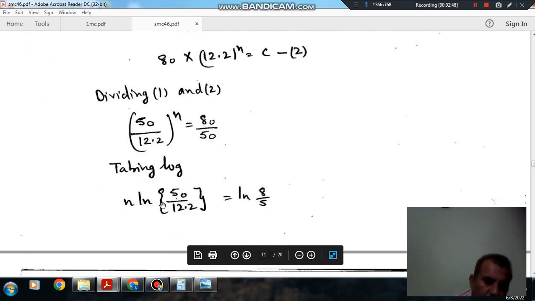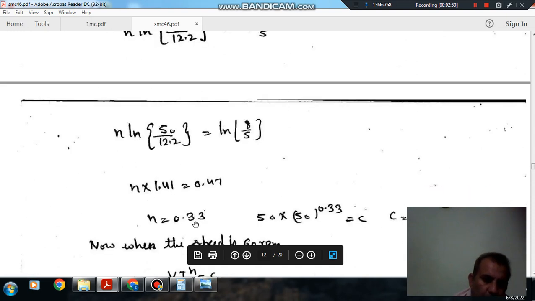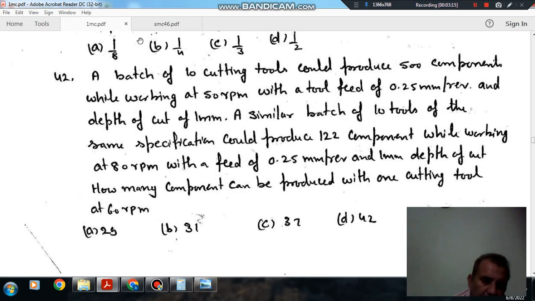Taking log on both sides, we have n ln 50 by 12.2 equals ln 8 by 5. Solving this, we have n equal to 0.33. So now the constant becomes 50 into 50 raised to 0.33 is equal to C, that will be 181.81.